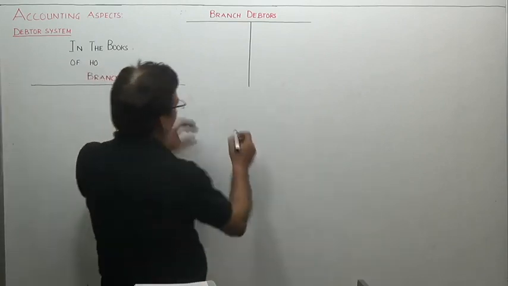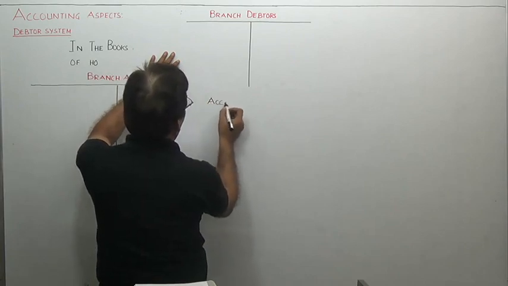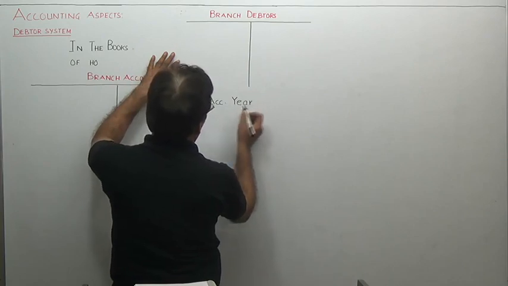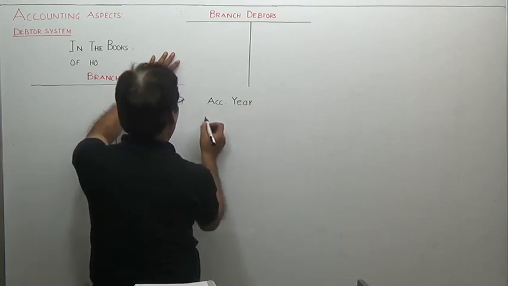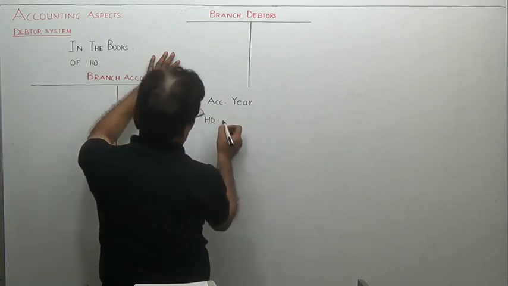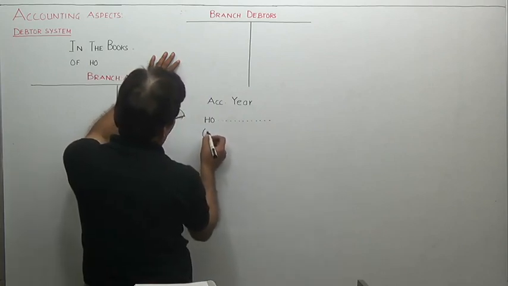See here, in a particular accounting year, there are possible transactions which may take place between head office and branch office. We presume that head office is in Delhi, correct?